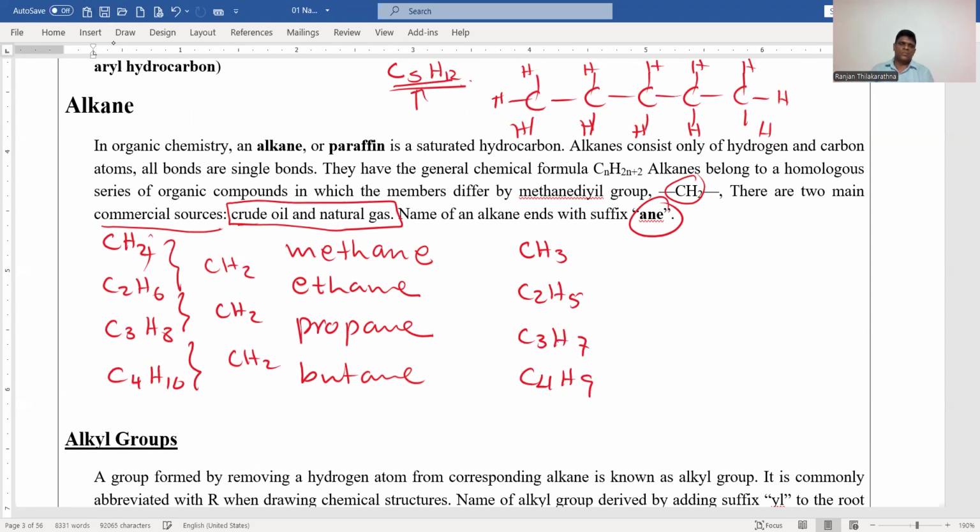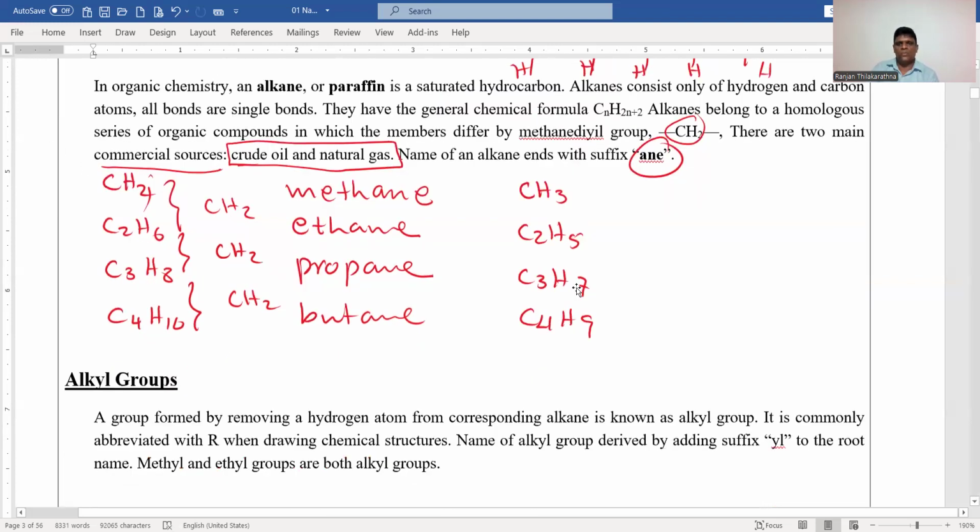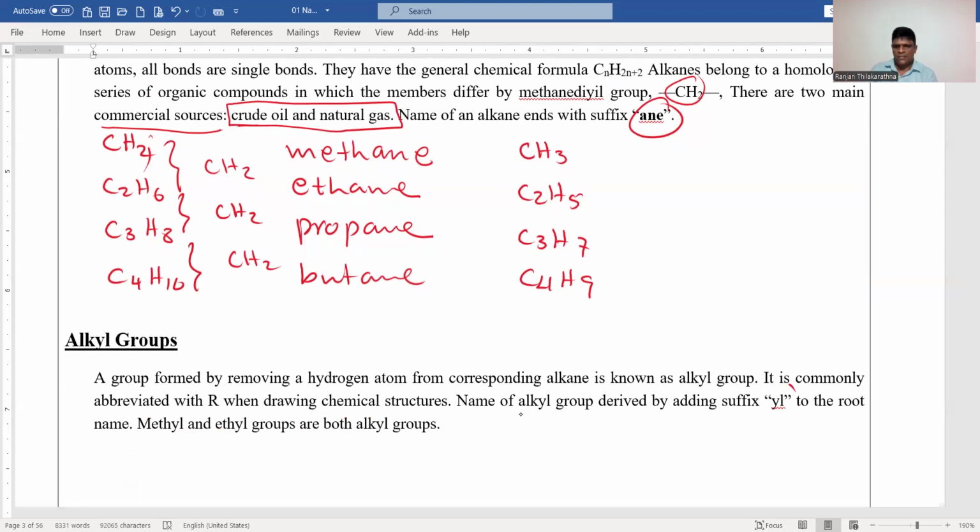These are the corresponding alkyl groups to the alkanes. From CH4, you remove a hydrogen atom, you get CH3. The name of an alkyl group ends with the suffix YL. It is commonly abbreviated with R when drawing chemical structures.